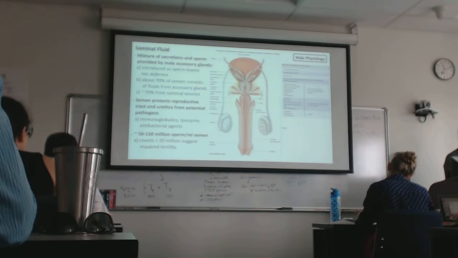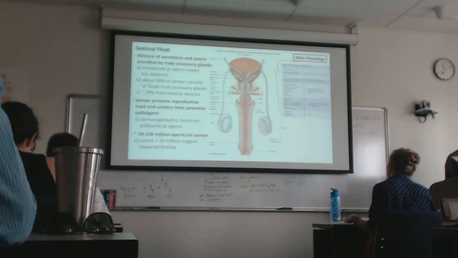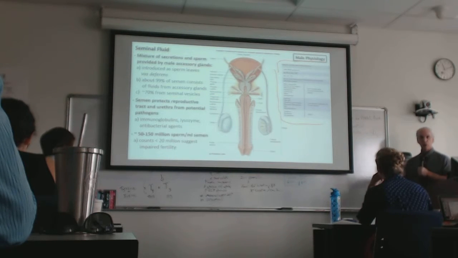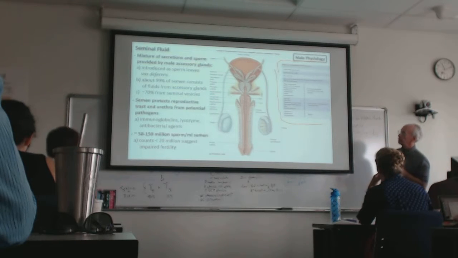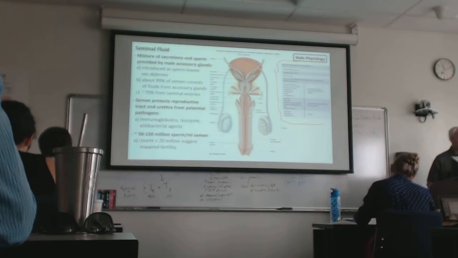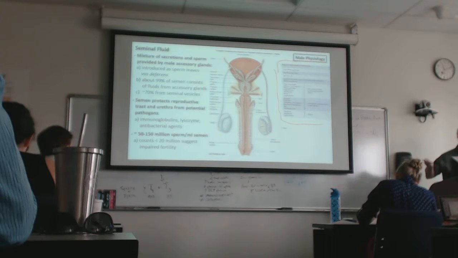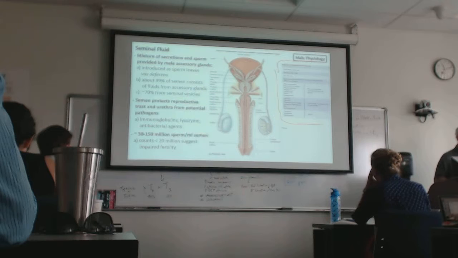There's a little table that we got, and if you have this table in this slide, there's a discussion later. But most of the seminal fluid is a high carbohydrate fluid that's intended to provide energy for the travelers. There's also some degree of immunological, immunoprotective fluid in there, and a slightly basic pH, elevated by bases and buffers of various types.